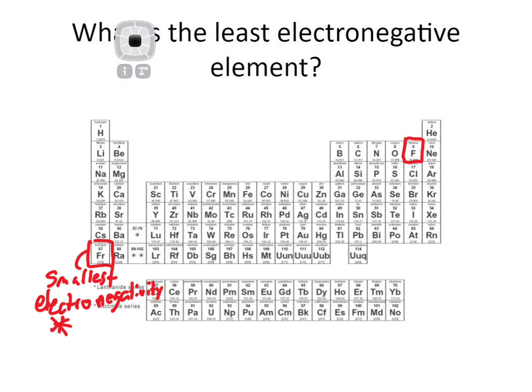Is there a group that does not want to bond with anything? Right, exactly, those noble gases. So if they don't want to bond with anything, they're going to have an electronegativity of 0. So noble gases have electronegativity of 0.